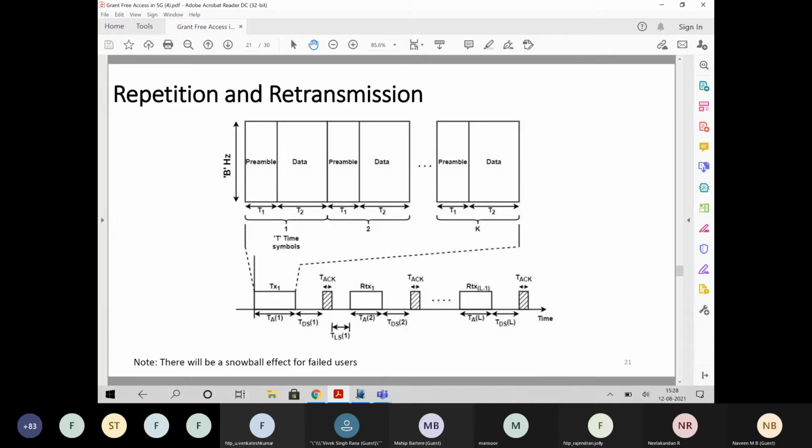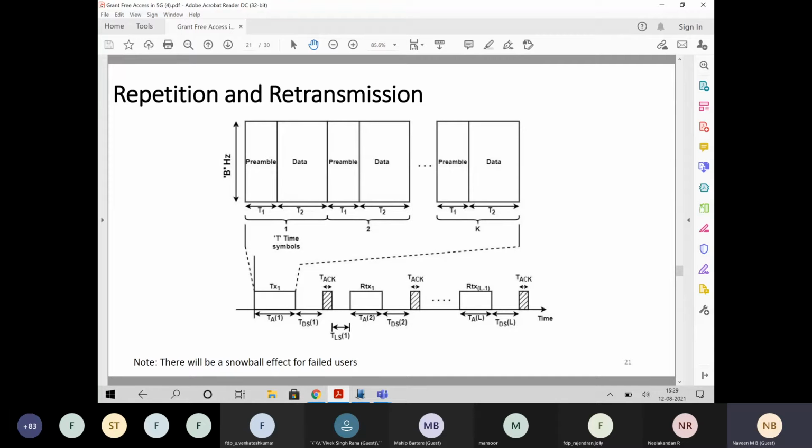Okay. So remember one thing about failed users. If a person fails now, he will definitely retransmit the next time, right? And if he fails there, he'll again retransmit. So even in the present networks, new users and retransmitting users are sharing the same resources.